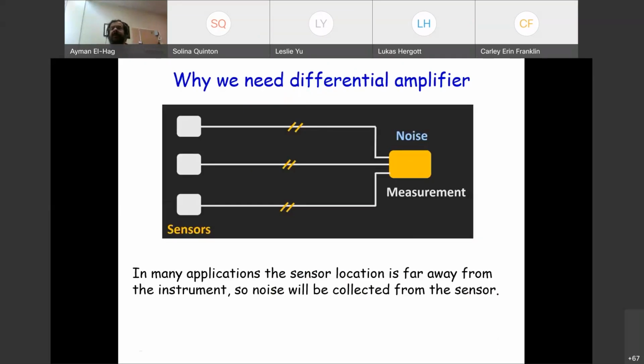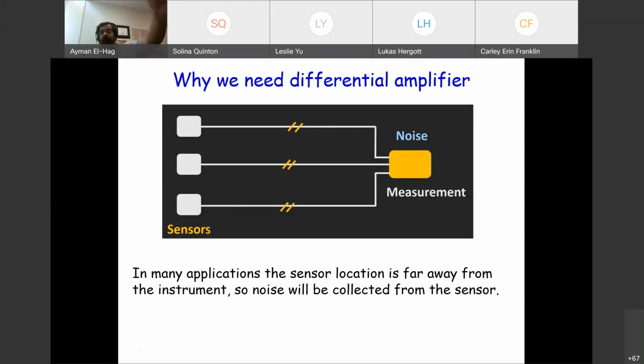So let's start with the differential amplifier. Why have a differential amplifier? If you recall, when using sensors, for example, strain gauges or temperature sensors, most of the time the sensor location and the instrumentation location are very far from each other. So there should be some connection. There will be some wire connecting the sensors and your measurement system.